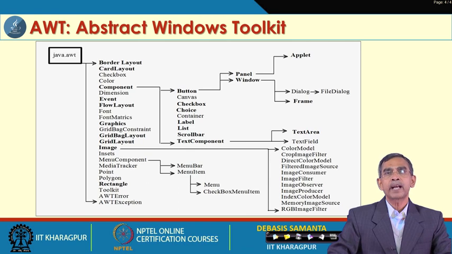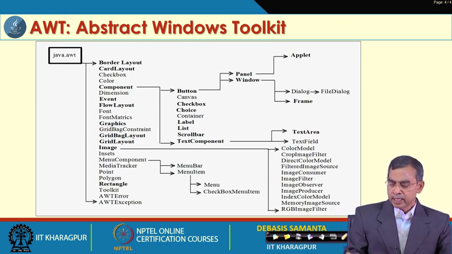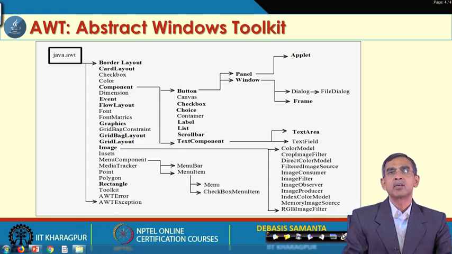AWT package is in fact a very vast package. It includes a lot of classes and subclasses. The entire package can be broadly segmented into a few categories. The first thing is that there are graphics oriented components.